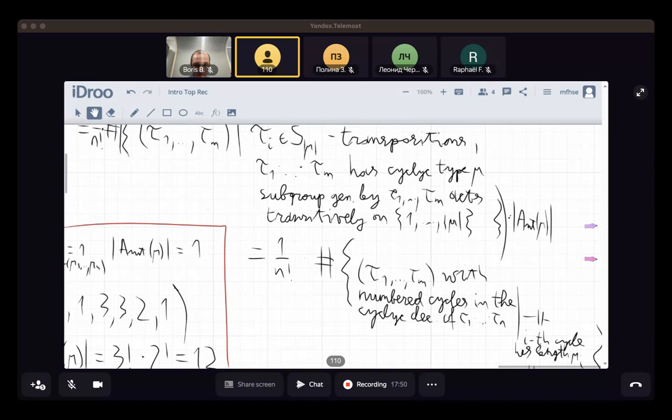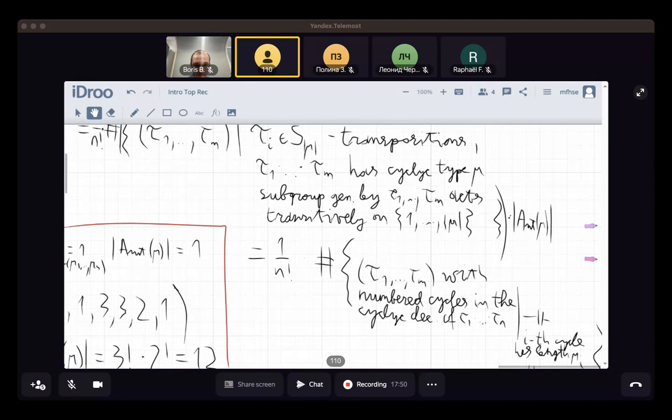So how many ways are there to do this? Introduce some order on the collection of cycles in the cyclic decomposition. Not n factorial, but some k factorial where k is the number of cycles, right? We introduce order on the list of cycles.